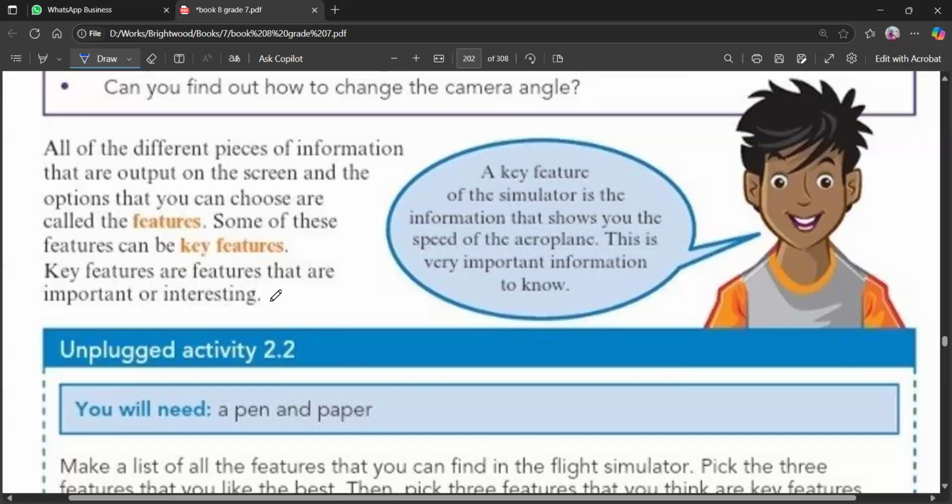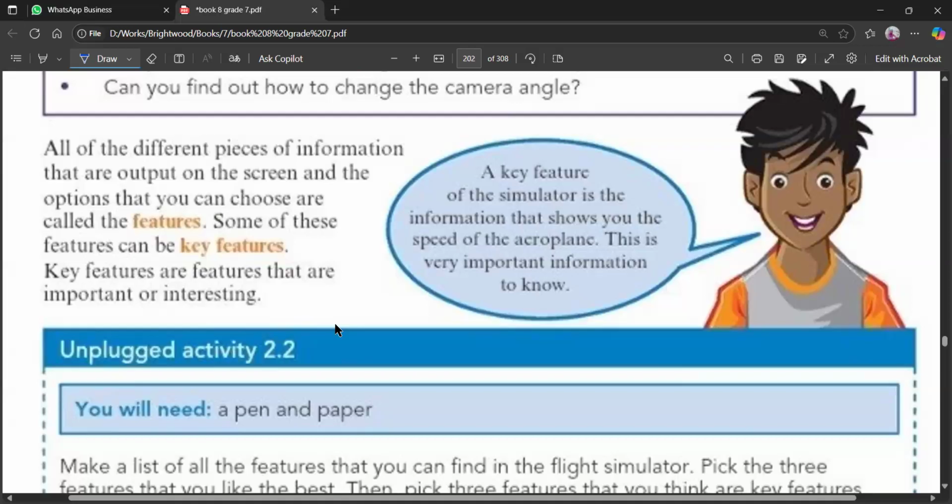Key features are features that are important or interesting. Key features may be very important. They are having several features, and the key features are highlighted more. They are very important compared with the others.